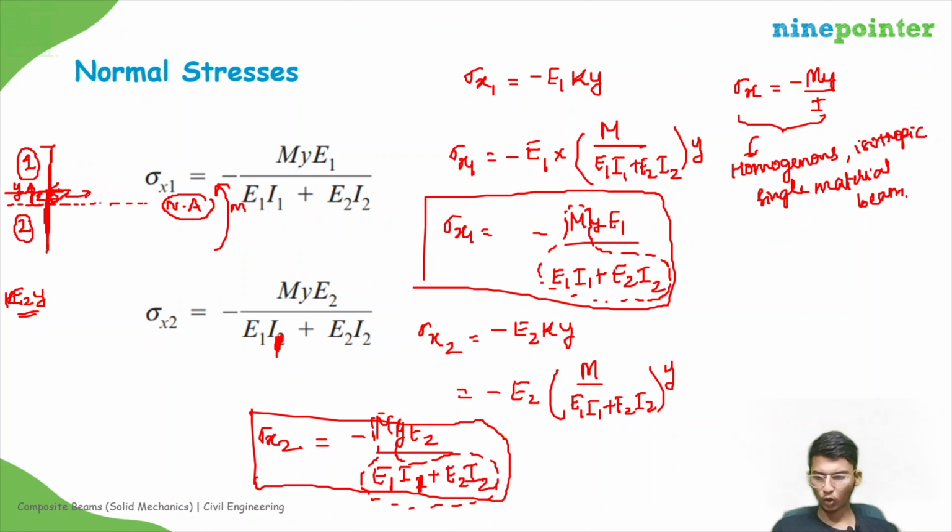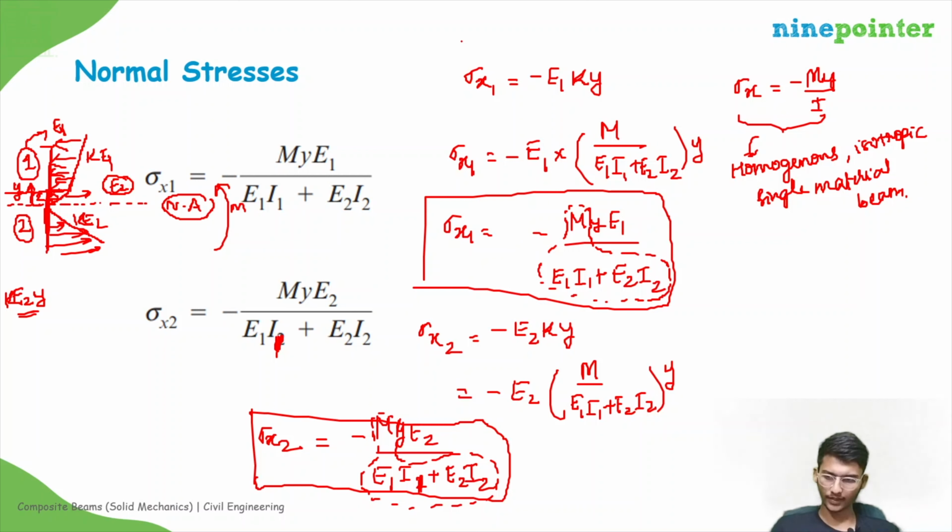So it will be in compression, and the slope will be kappa E2. And over here, this is E1. The variation will be E1 into y. Suppose the slope of E1 is somewhat less, then it will be something like this. And this is also in compression. Now this will be in tension. So again with the same slope E2, there will be tension, kappa into E2. This is kappa into E1.